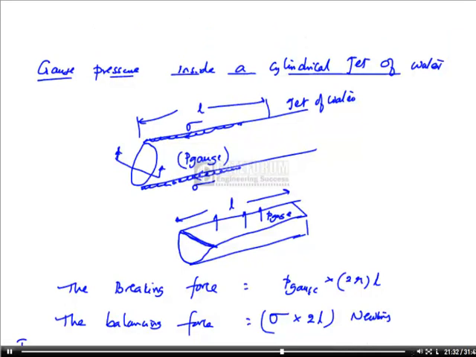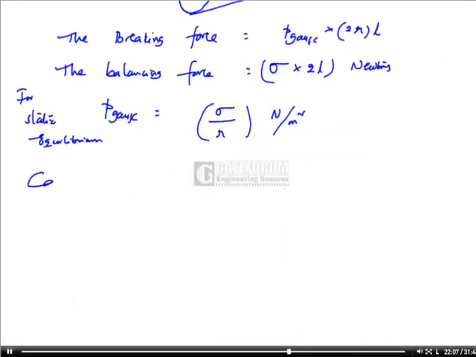Inside the water droplet, the P gauge is 2 sigma by R. Inside the soap bubble, the gauge pressure is 4 sigma by R. Inside the cylindrical jet of water, the P gauge is sigma by R. Please note that this P gauge is the excess pressure inside the droplet, bubble or jet in excess of the outside atmospheric pressure for static equilibrium. Now I consider another phenomenon in fluid statics known as capillarity.